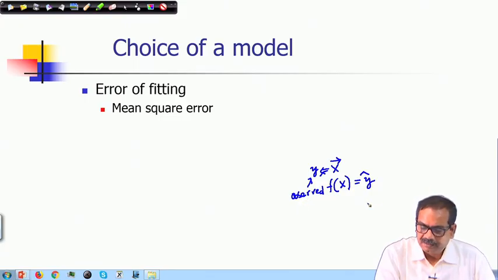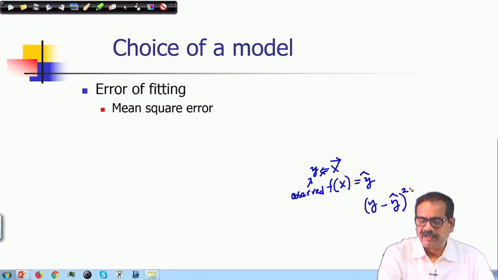So, the error between observation and prediction could be defined as square error. Since I have assumed in this particular case this is a scalar value, I can simply take the difference. You can extend this concept when your observation is also a vector, and you can consider the norm of the differences in that case.